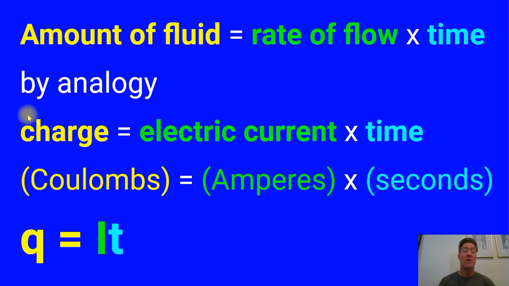So this is the total charge, the total electrons transferred. This is the rate at which they're flowing, and this is how long we let them flow. And so this is our very simple formula: Q, the charge in coulombs, equals I, our amperes, our rate of flow, times t, the time that we let that flow.